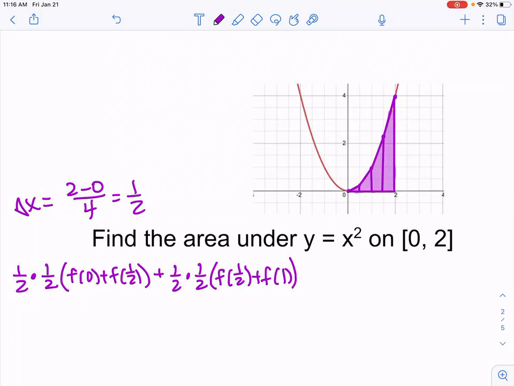I hope you can pick up on some patterns as we go through this. Our third trapezoid, 1/2 times its height times the left base plus the right base. Oh, I'm going to run out of room.